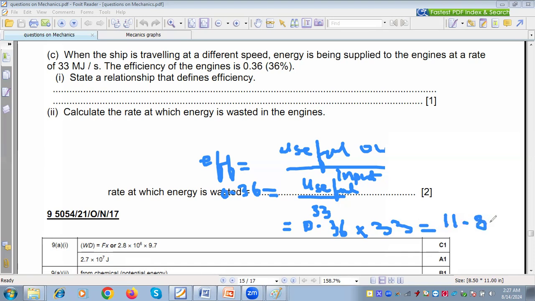That means almost 12, this is useful. So wasted means out of 33 minus 12. So 33 minus 12 gives us 21 megajoule. Okay, so this is the energy which is wasted.